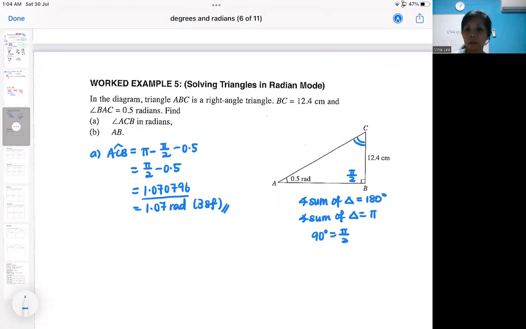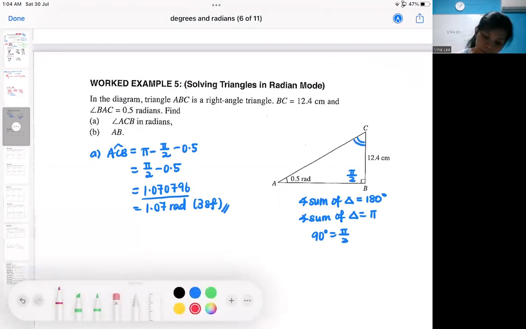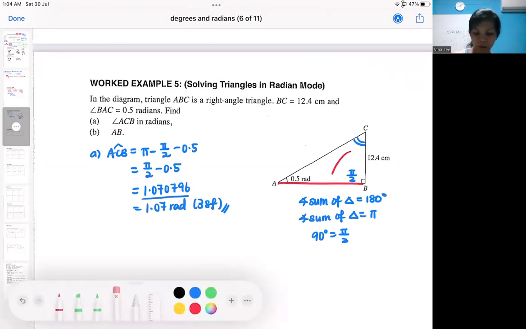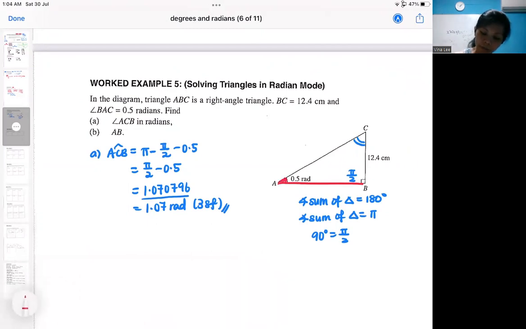The next one, I'm going to find my length AB. As you do your normal trigo, that will be the opposite. Maybe I don't want to use that angle, this angle is not so nice. I'm going to use my 0.5. This will be my opposite, and this will be my adjacent.